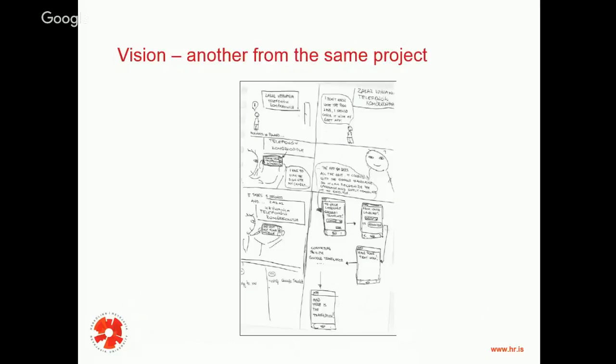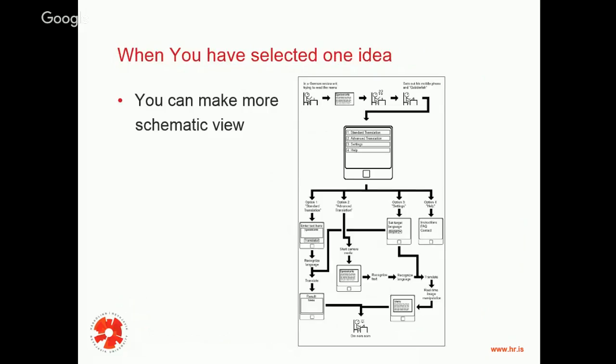This is another example from the same course. When you've iterated the vision, you can make it more structured and maybe include some screenshots and so on. Here we call it a consolidated vision, where you've gathered many ideas into one.